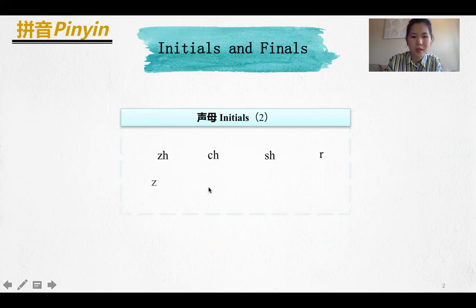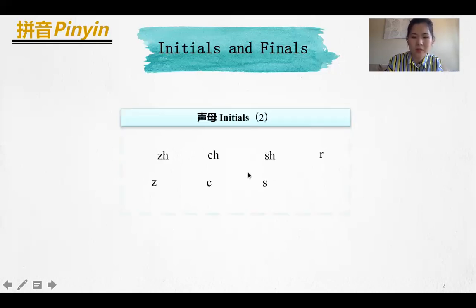Okay, and then we have the flat tongue. You say z, z, z. And this one, c, c. It's like "students," right? C, c. Okay, this one is easy: s, s, s.